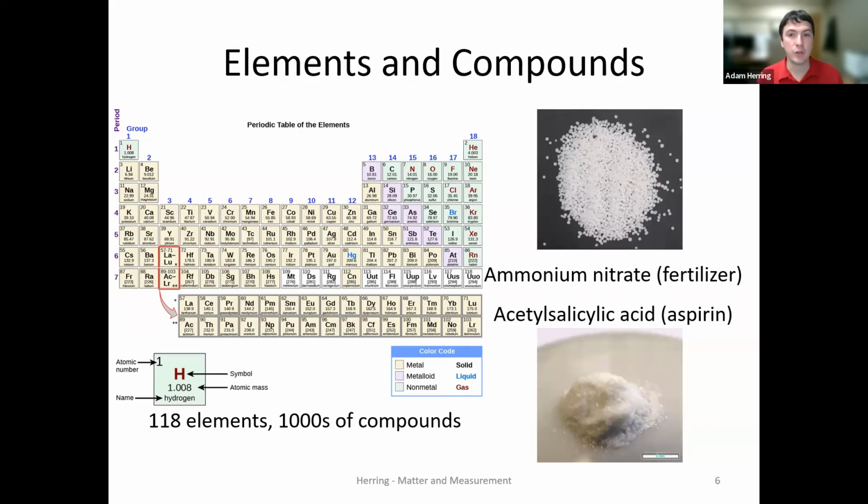So hydrogen or helium or lithium or copper, those elements cannot be broken down into other identifiable types of elements, whereas compounds can be broken down. Ammonium nitrate, for example, is made up of nitrogen, hydrogen, and oxygen. Acetyl salicylic acid is made up of carbon, hydrogen, and oxygen.